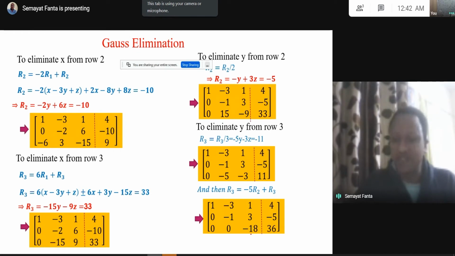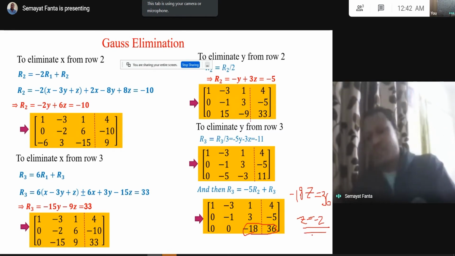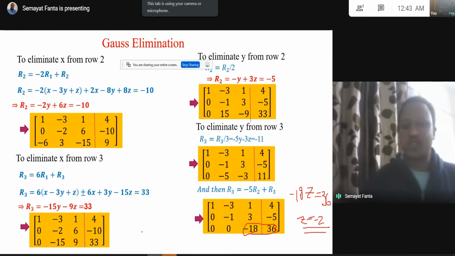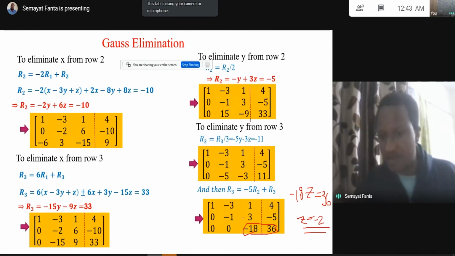And immediately this equation gives us minus 18z is equal to 36, which implies z is equal to minus 2. Once we get the z value, we can make a back substitution for the remaining x and y in the second equation, that is minus y plus 3z is equal to minus 5.